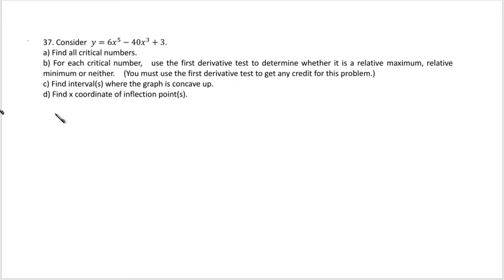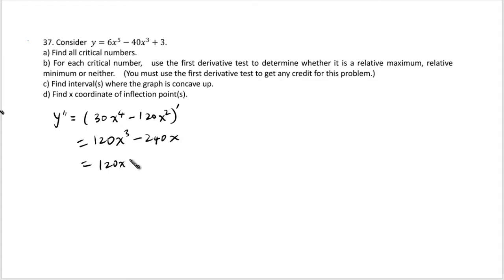So y double prime would be differentiating 30x to the fourth minus 120x squared. 4 comes down, 4 times 30 is 120x cubed. 2 comes down, minus 240x. And this time 120x is a common factor, so I factor that out, and you get x squared minus 2, because 120 times 2 is 240, right?